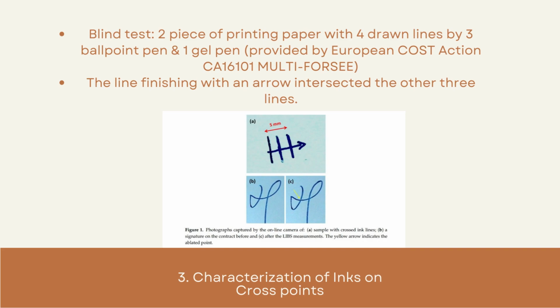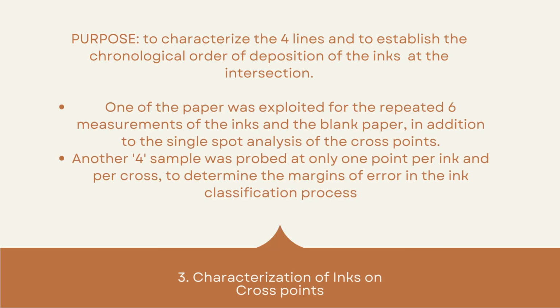The line finishing with an arrow intersects with the other 3 lines. The goals of the LIBS measurement were to characterize the 4 lines and to establish the chronological order of the deposition of the inks at the intersections.